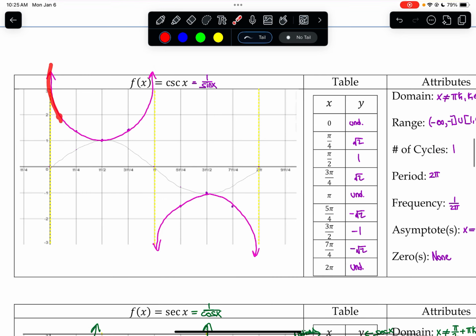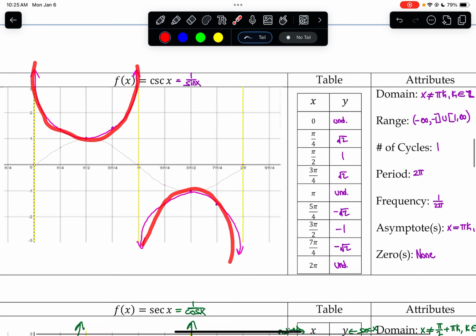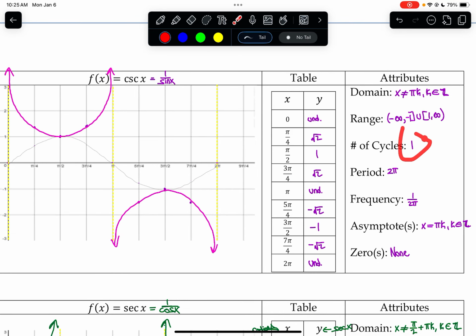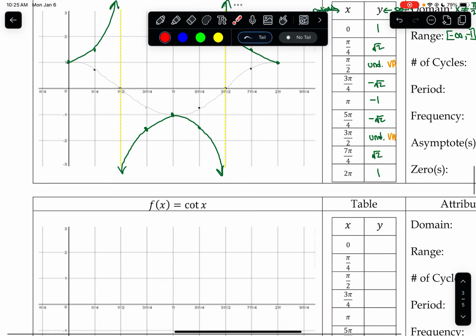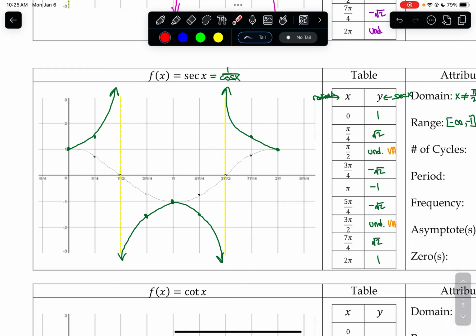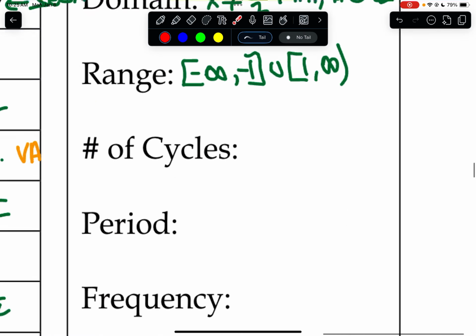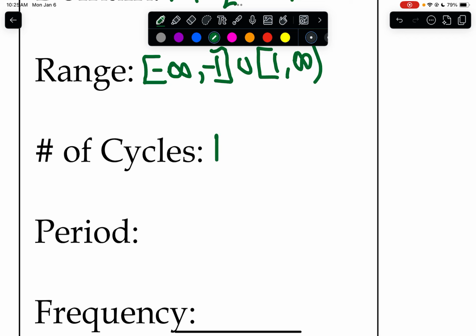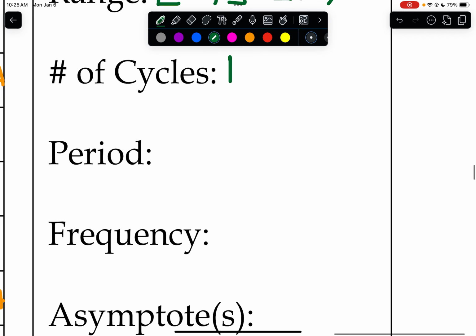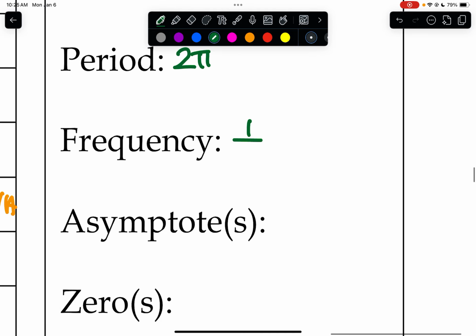I know there's 2 bowls, but 1 positive and 1 negative is going to account for all the values, which is why there's only 1 cycle. So over here, we have 1 complete negative bowl, and then we have 2 half positive bowls. That's going to give you 1 complete cycle, which is going to give you a period of 2 pi, which gives you a frequency of 1 over 2 pi.